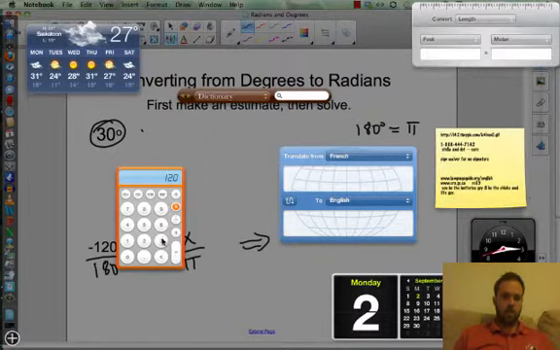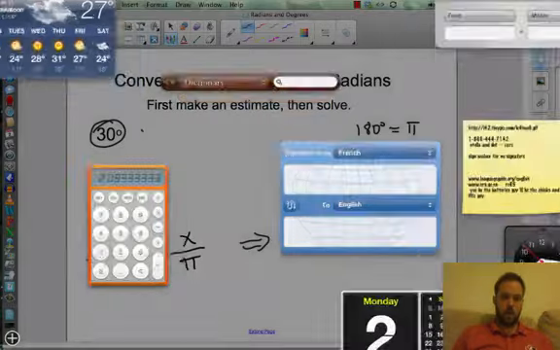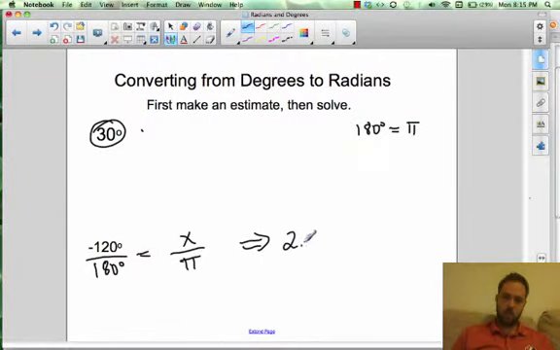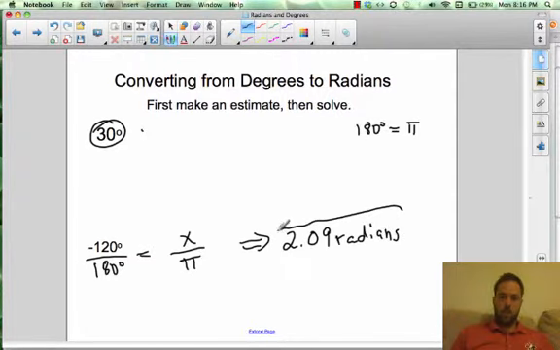We'll multiply this by 3.14 and then divide it by 180 degrees, and we get 2.093 repeating radians. 2.09, we'll just round it off there. So 2.09 radians. Sorry, this should be a negative. Good job for those of you who caught that.